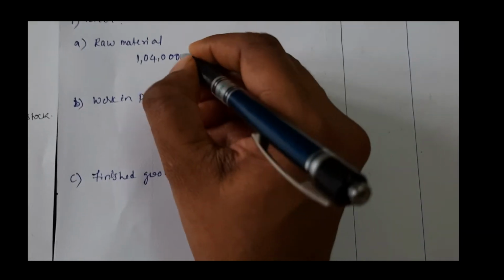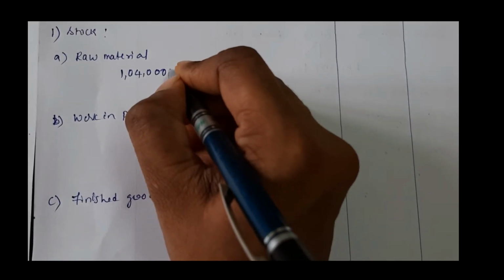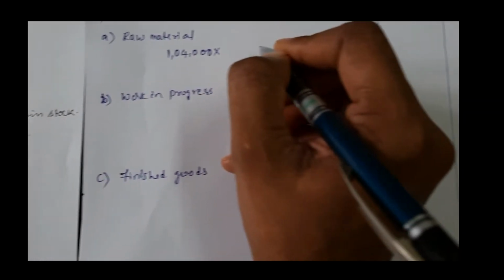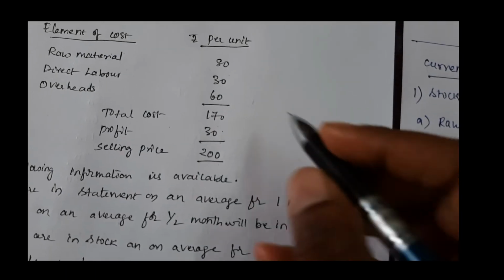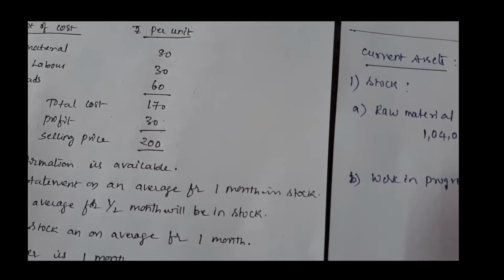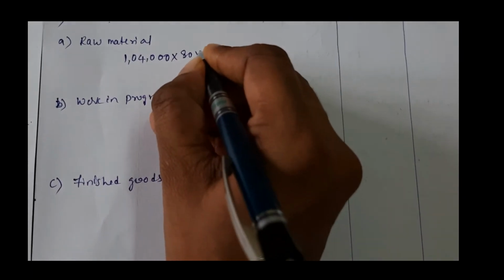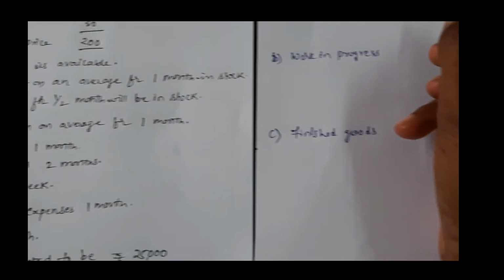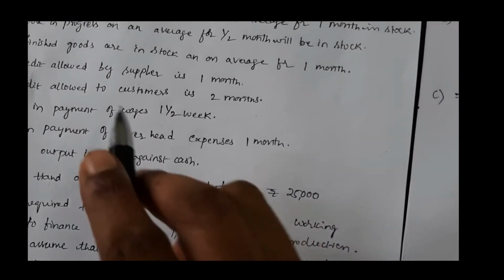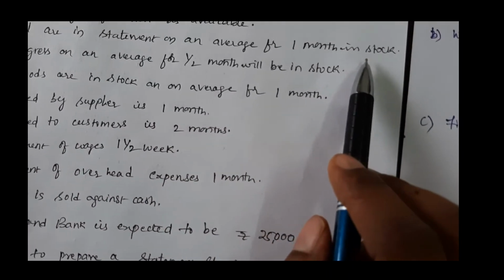So total number of units to be produced are 1,04,000 units into cost per unit is given rupees 80 into average holding period is given 1 month.